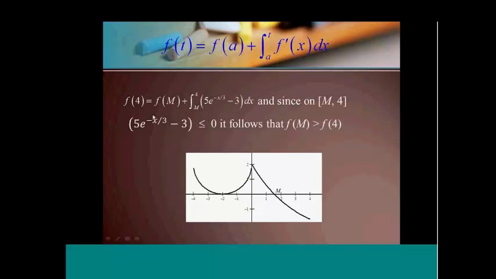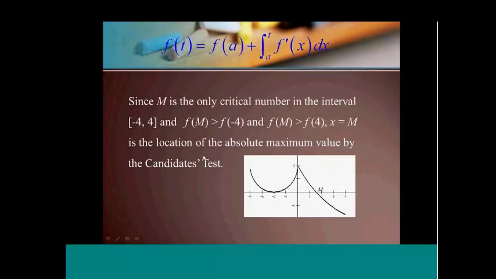Then they said F at +4 is equal to F of M plus this integral. And then they pointed out that this integral is negative from M to 4. There's certainly negative in there. And therefore, since we have F of M plus a negative number, F of M is going to be bigger than F of +4.